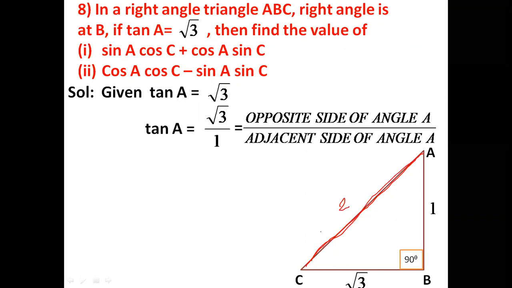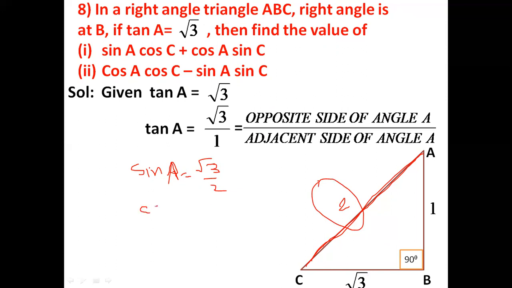You solve that, and first you find sin A. Sin A is equal to the opposite side of angle A by hypotenuse. What is the opposite side of angle A? Root 3. So root 3 by hypotenuse. What is the hypotenuse? 2. So sin A is equal to root 3 by 2.